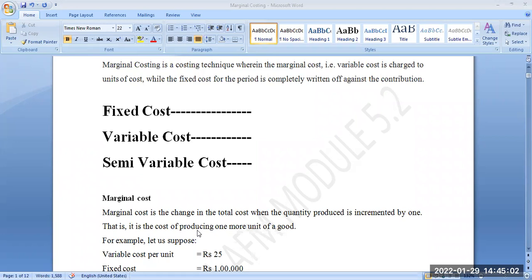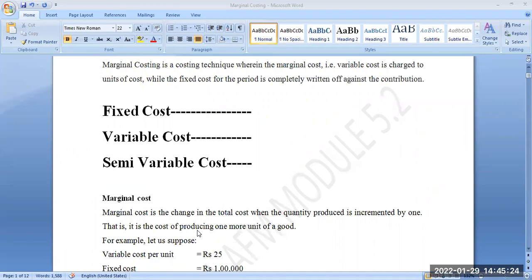So any guesses from your side, what you can say for fixed cost? Don't confuse this one with the fixed price. Suppose you go to some shop, they will not have any negotiation or bargaining. They will just tell the fixed price. That is different.